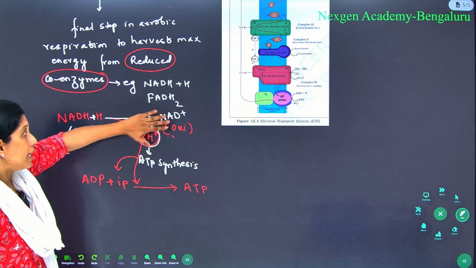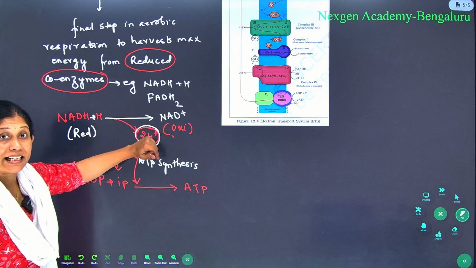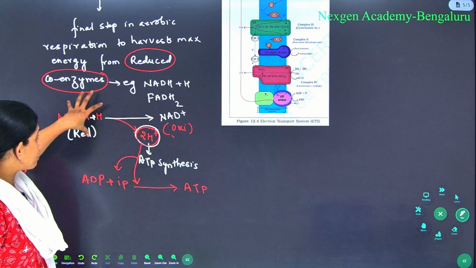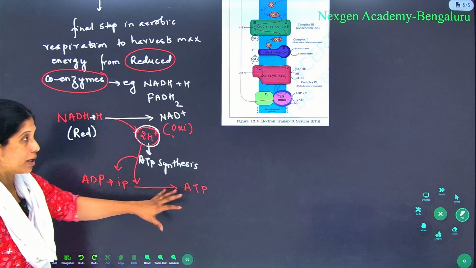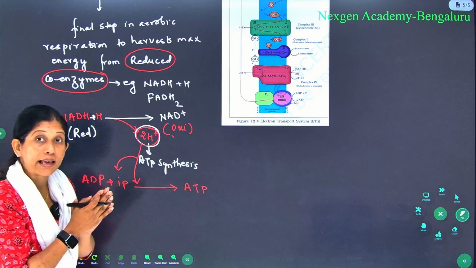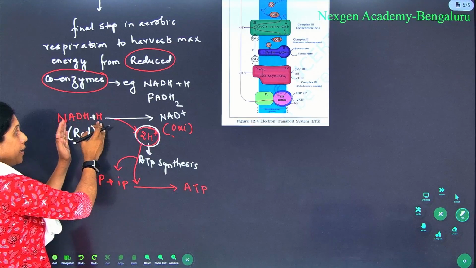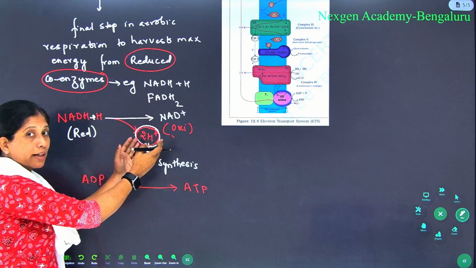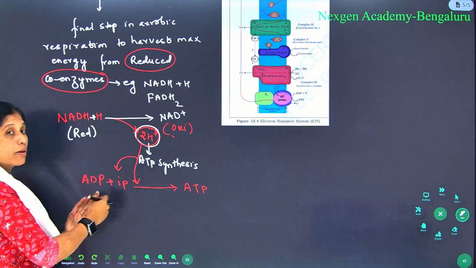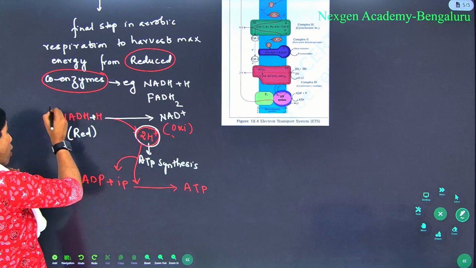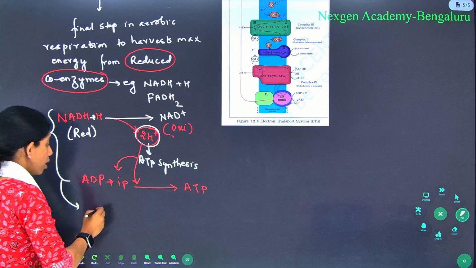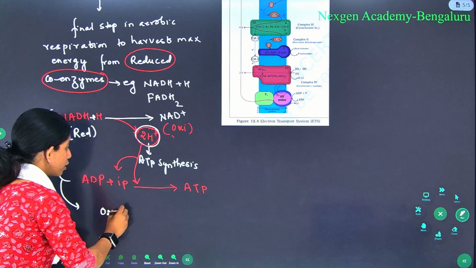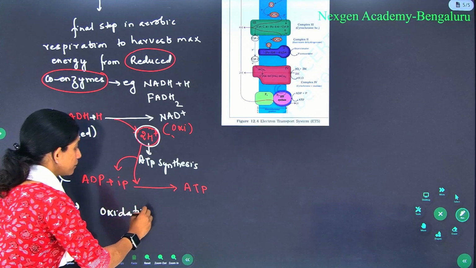So that means these two processes are linked to each other, right? NADH2 can help in the formation of ATP. Now this process that you are seeing here, the reoxidation of NADH2 helping in the formation of ATP, is known as oxidative phosphorylation.